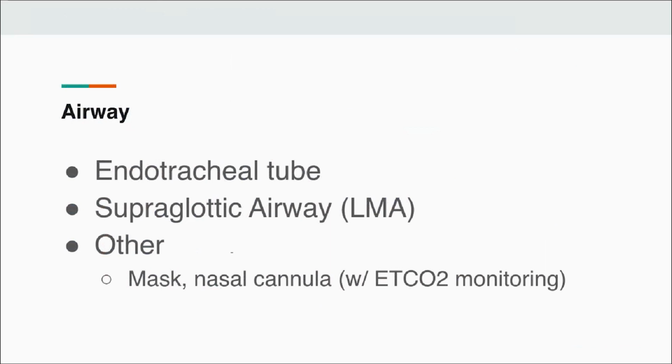And sometimes we do what looks like a MAC or a deep sedation to the surgeons, but it's actually a general anesthetic with the patient breathing spontaneously with a good open airway and a nasal cannula or a mask. So just because they don't have an endotracheal tube or a supraglottic airway doesn't mean they're not under general anesthesia.